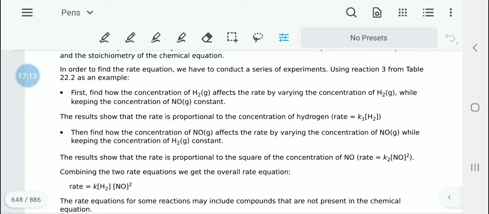Then if we vary the nitrogen monoxide concentration while keeping the concentration of hydrogen constant, that will show us the rate is proportional to the square of the concentration of NO. So when you combine these two, we get k[H2][NO]^2.